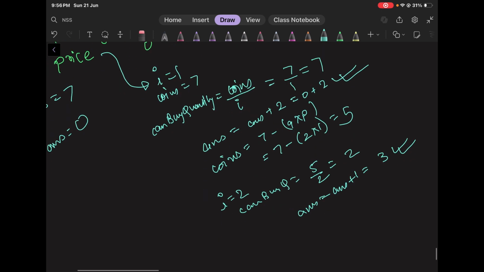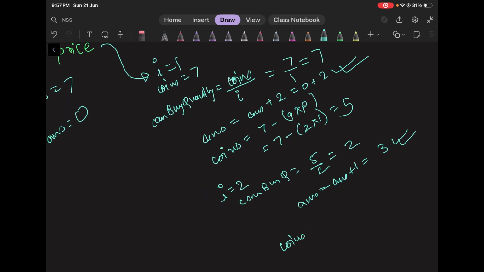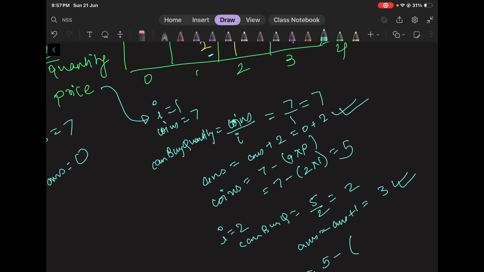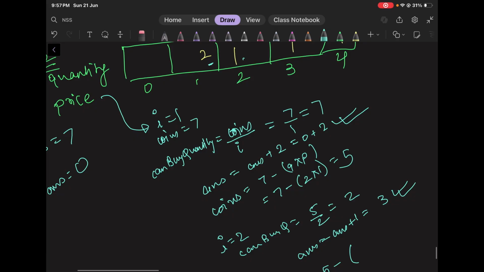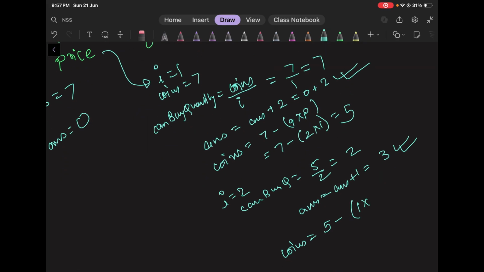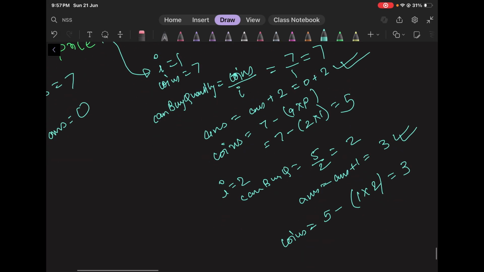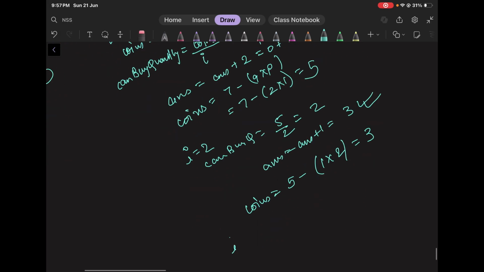My coins get updated. Coins left were initially 5. Now he has bought only 1, so this is 1 into 2, and this turns out to be 3. Now I is equal to 3. Can buy quantity is the money left, 3, divided by the price, 3.